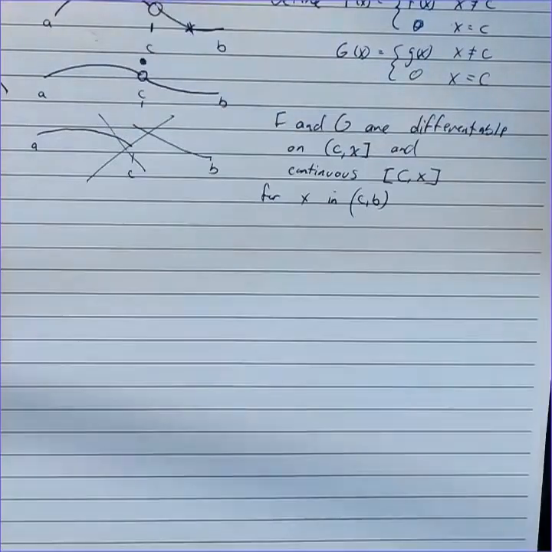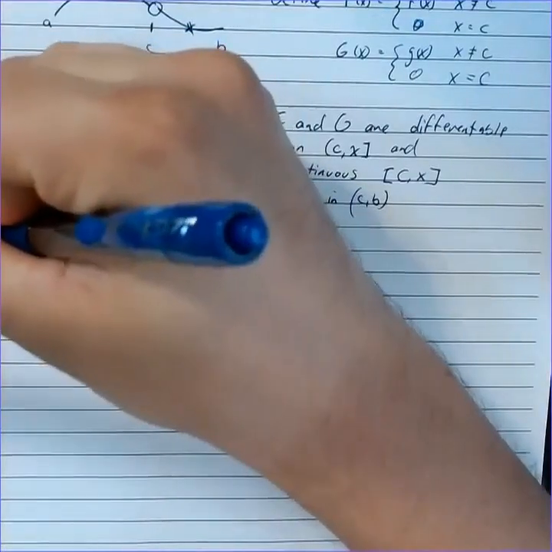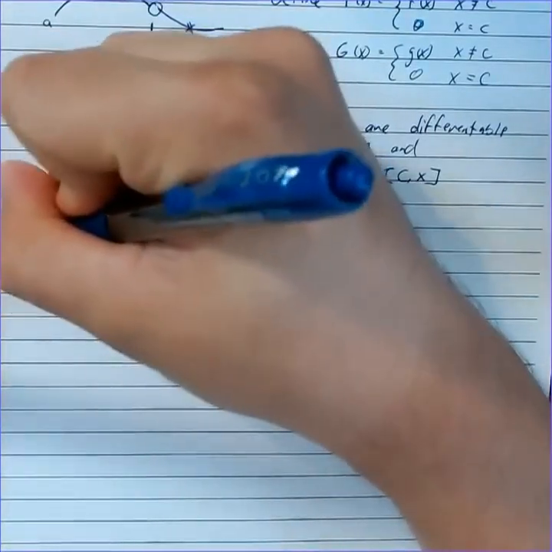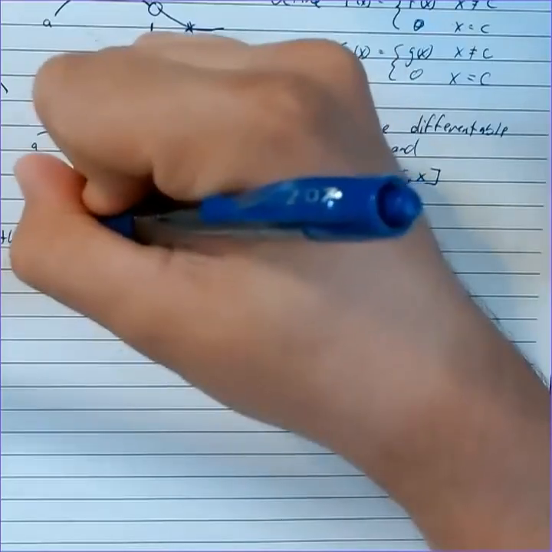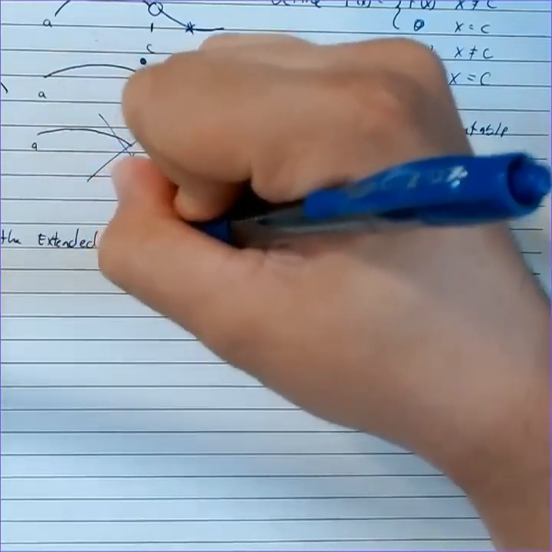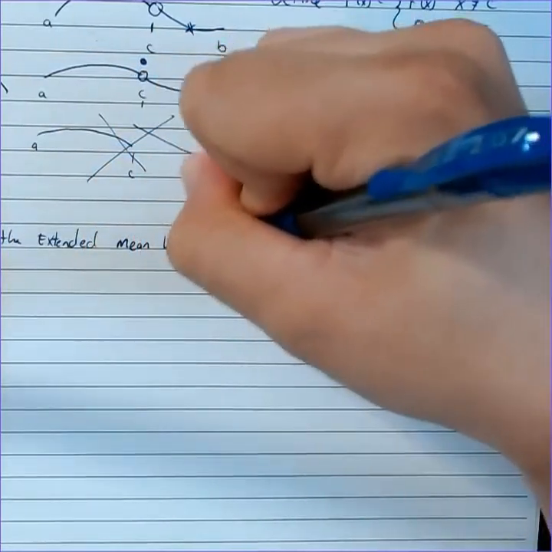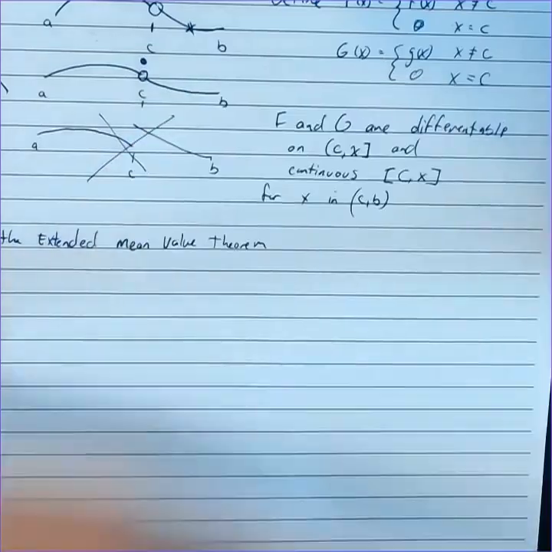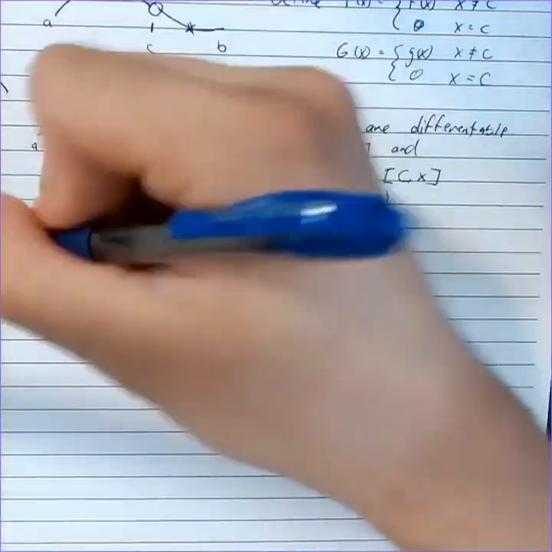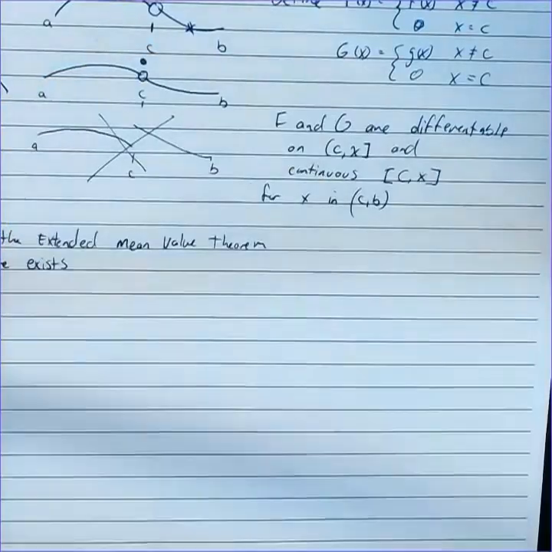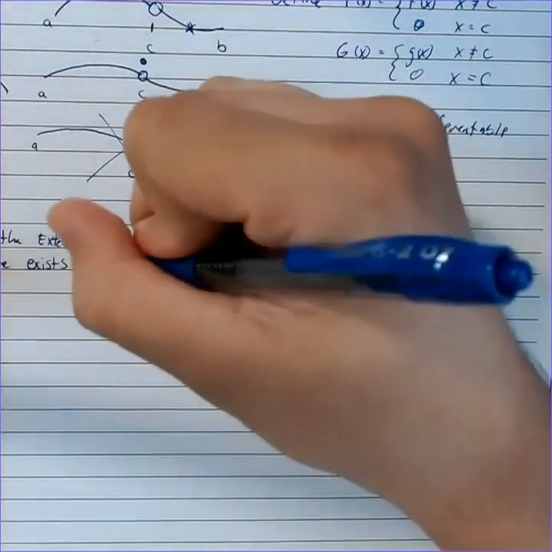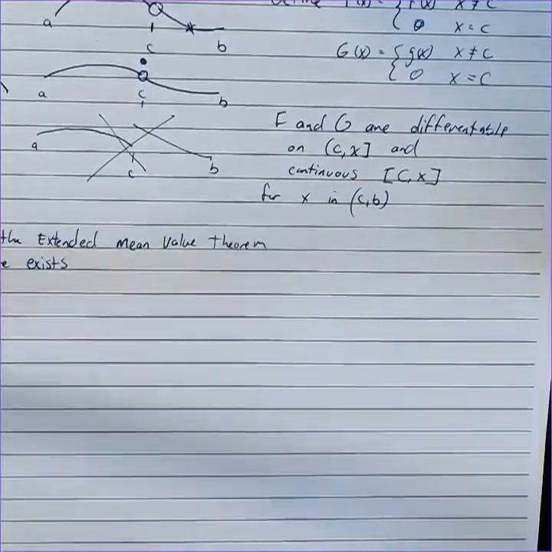So now we can use the previous theorem. By the extended mean value theorem, there exists some value, which we're going to call z, because we're already using x for other stuff.